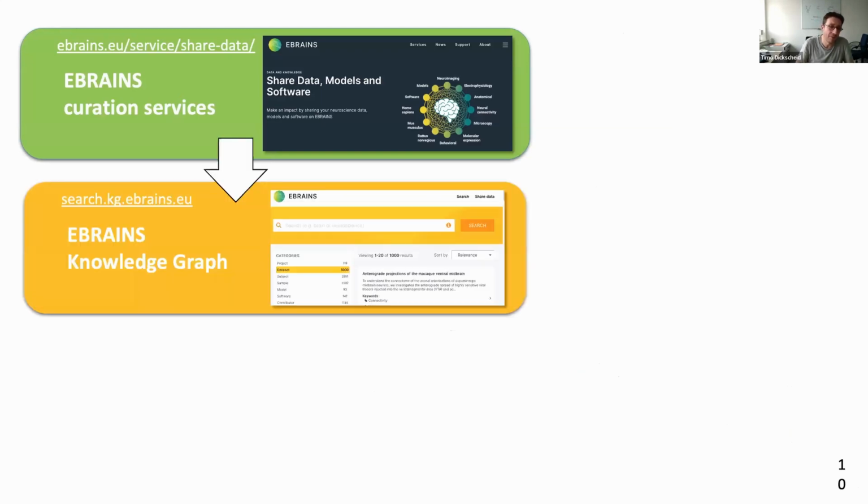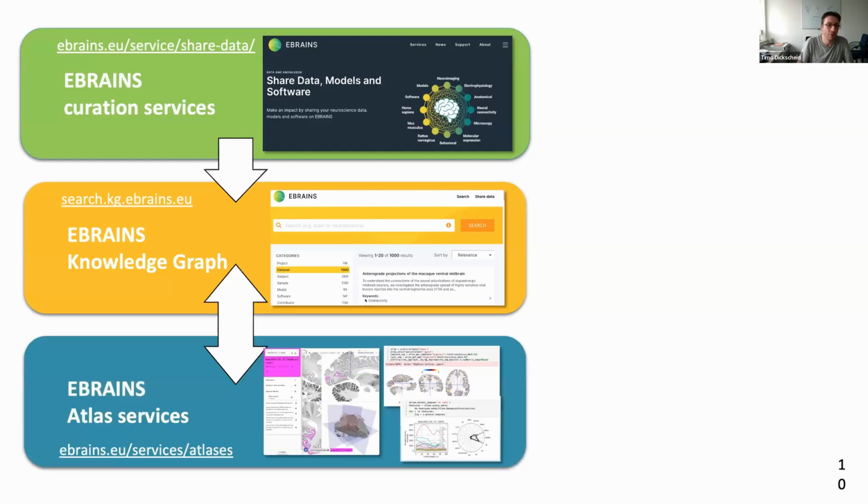We have the EBRAINS knowledge graph, which is a comprehensive graph database to store the complex dependencies between the metadata of the different data sets and atlases in a professional system, and make it accessible for programming purposes. And then we have these atlas services, which give us an entry point and an integration of all this data in anatomical terms.